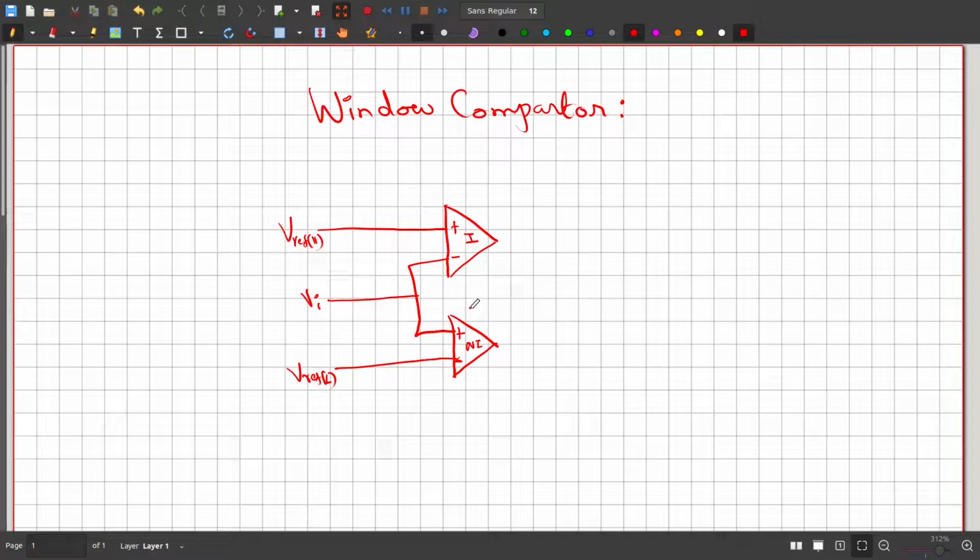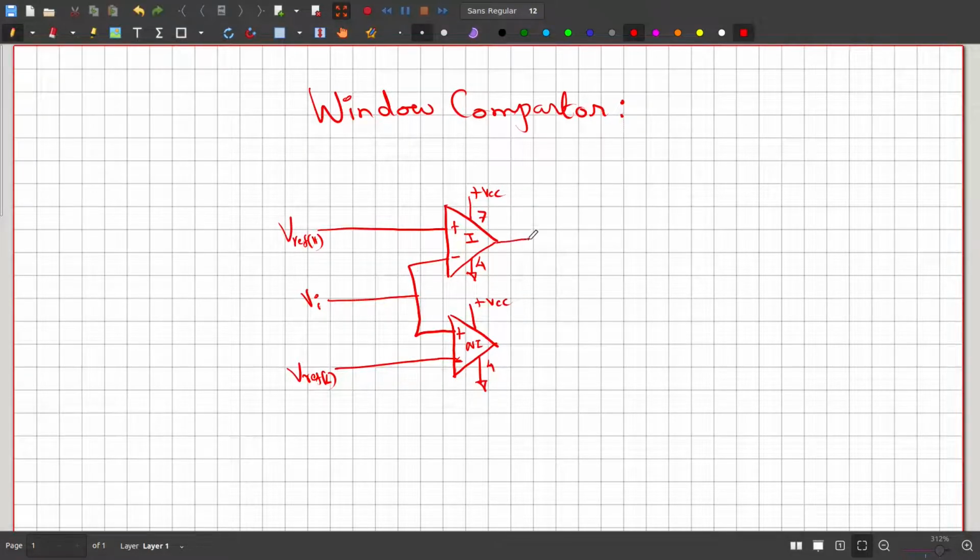And we have to give plus VCC to both the ICs, to pin 7, and pin 4 is tied to ground.